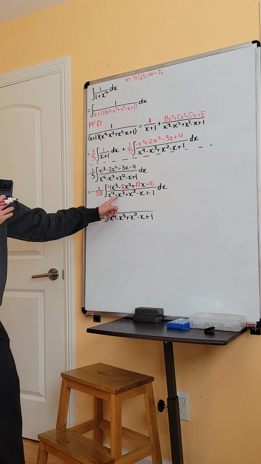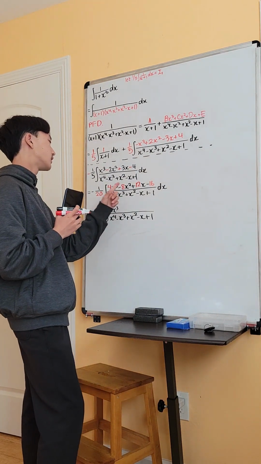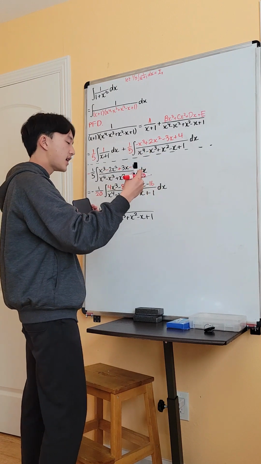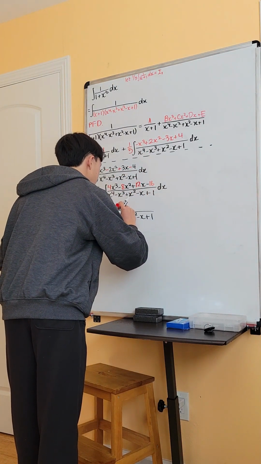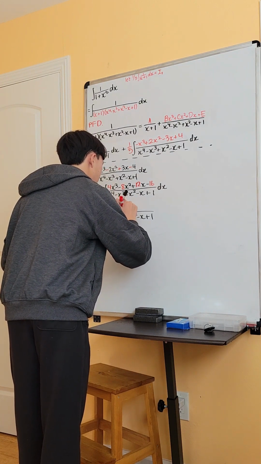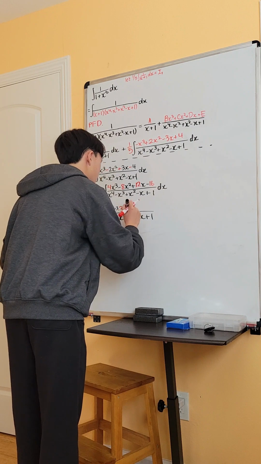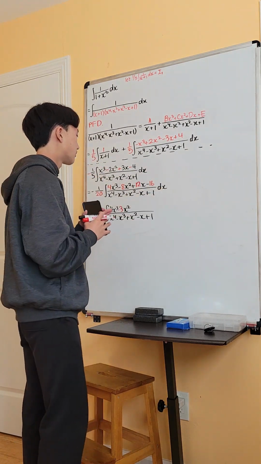The derivative of negative x cubed is negative 3x squared. So what you can do is split the negative 8x squared into a negative 3x squared and a negative 5x squared. So we'll put that down later.